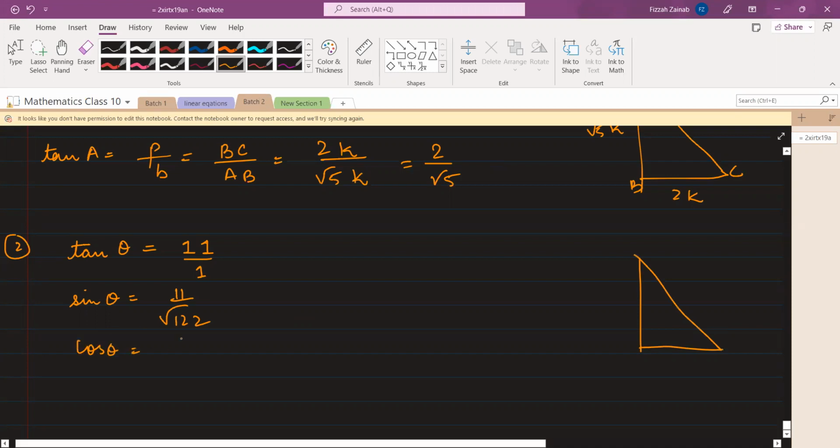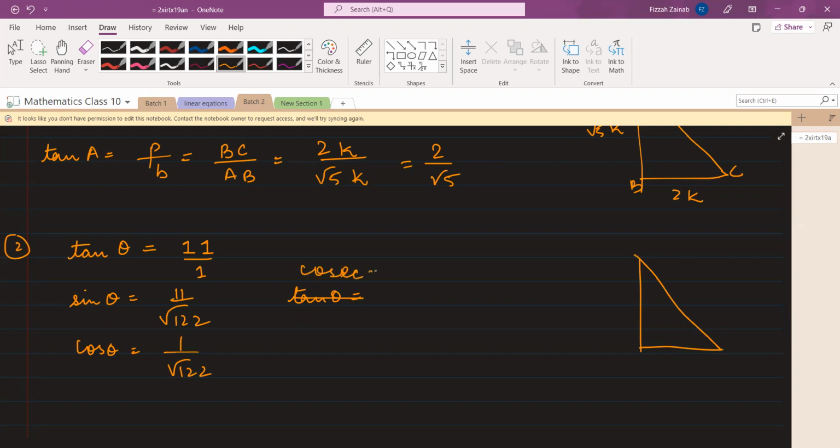Cos theta is 1 by under root 122. Hamna, what is tan theta here? Quickly. Sorry, tan was already given. So tell me cosec theta. Quickly. Okay. Rida, how much is cot theta? Cot theta is 1 by 11. Okay, that's right. So you can do it.